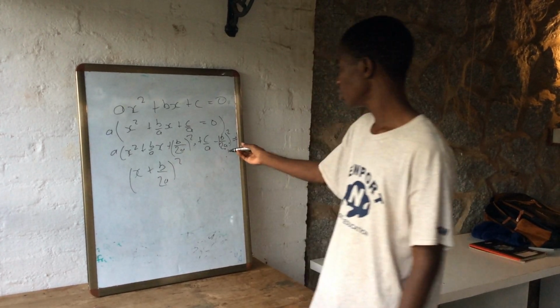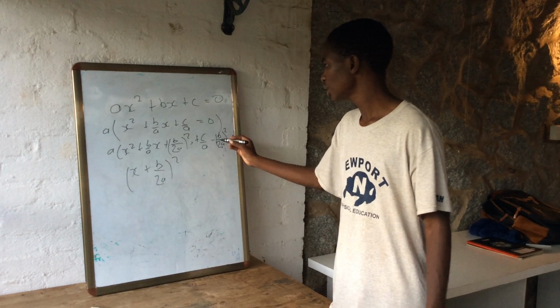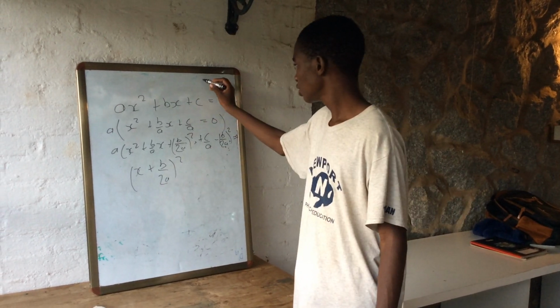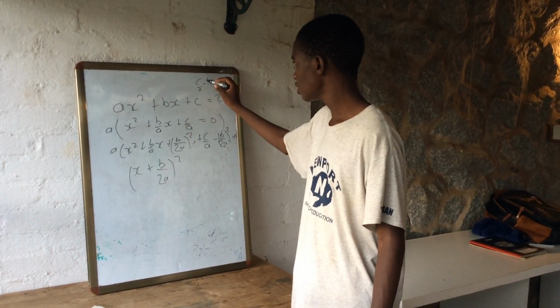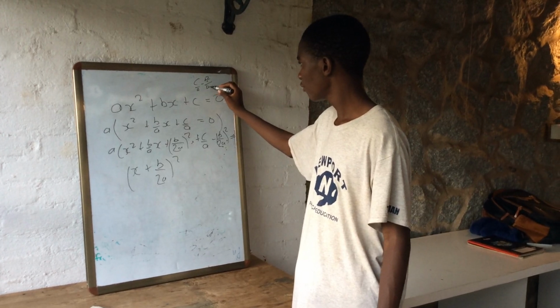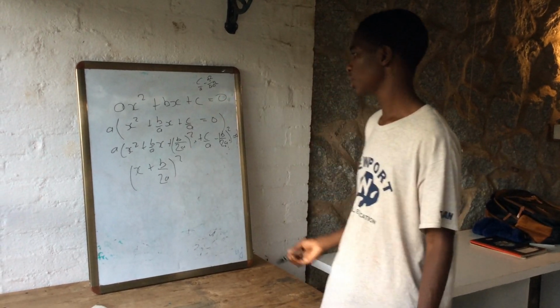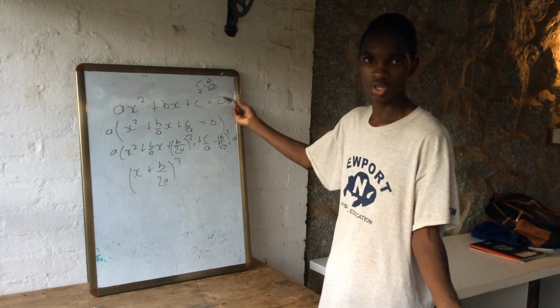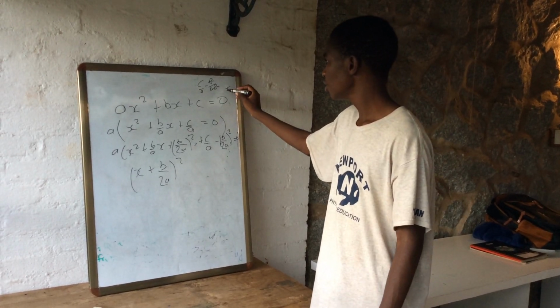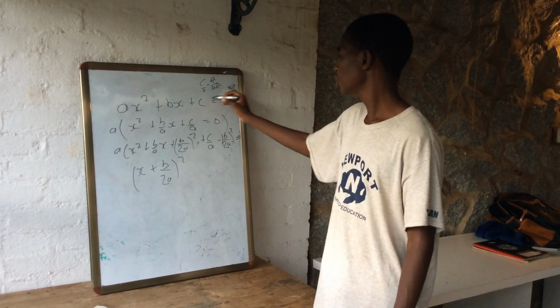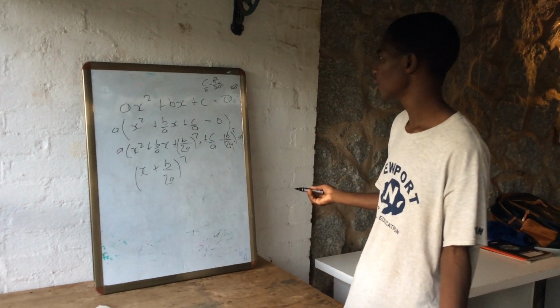And then here, to simplify this, you just have c over a minus b squared over 4a squared, like this. So 4a squared is common on both sides, so you just have 4a squared, then a into 4a squared is just 4a.